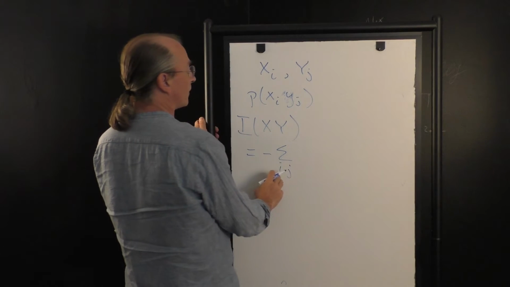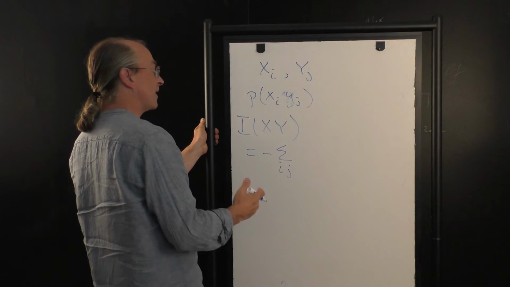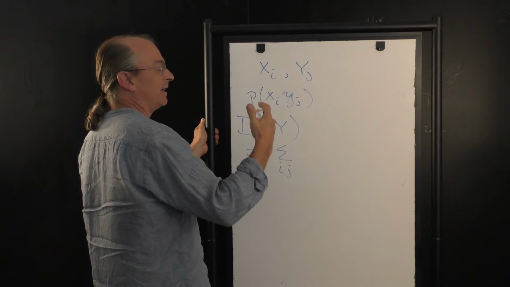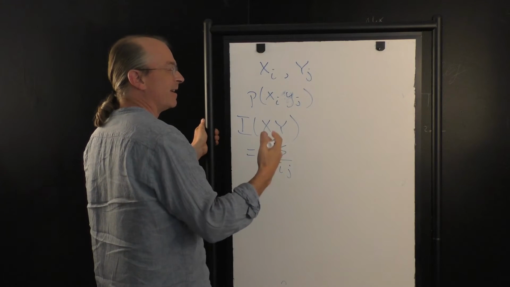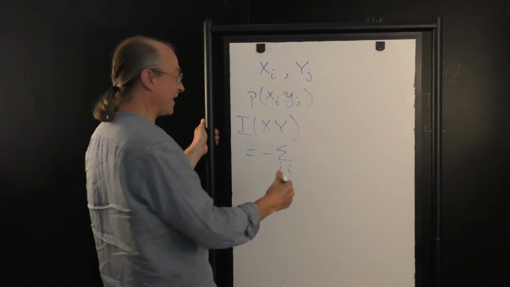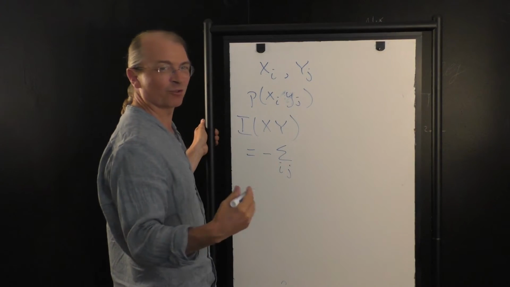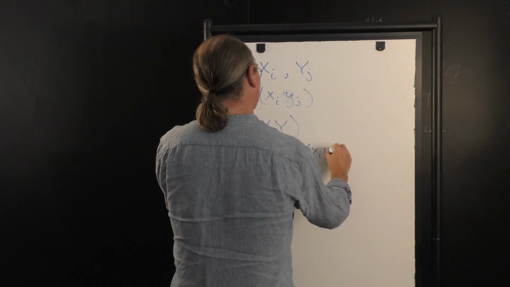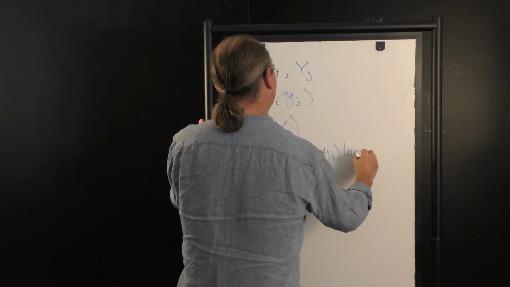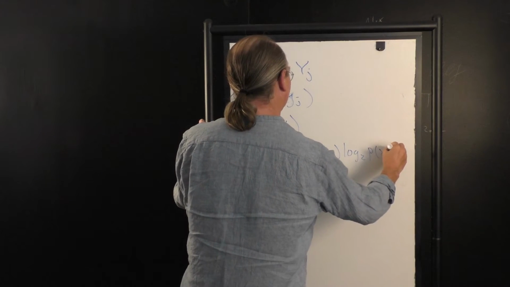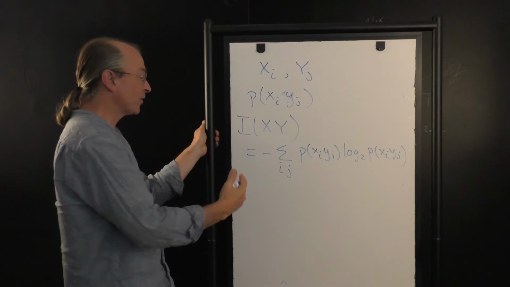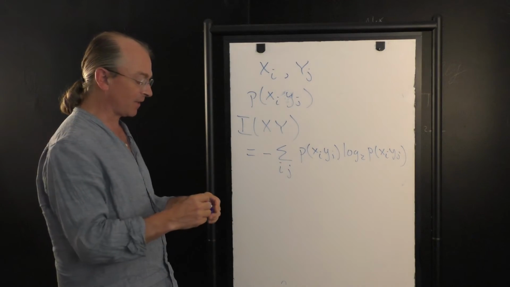We sum over all different possibilities, sunny, not sunny, sunny, raining, not sunny, raining, sunny, not raining, not sunny, not raining. This is why one shouldn't try to enumerate these things. P of xi, yj, logarithm of P of xi, yj. So this is the amount of information that's inherent with these two sets of events together.